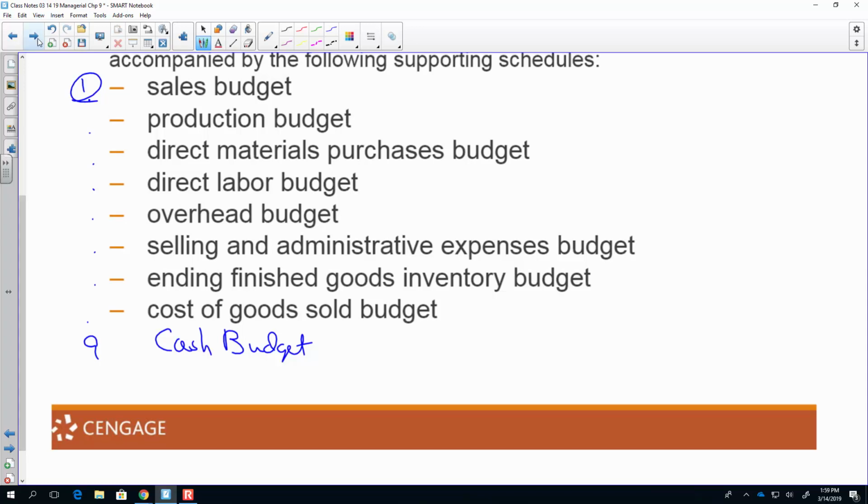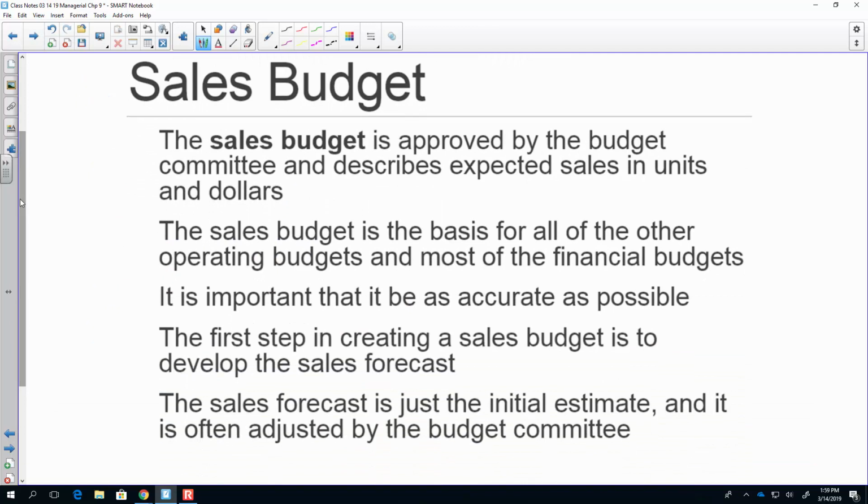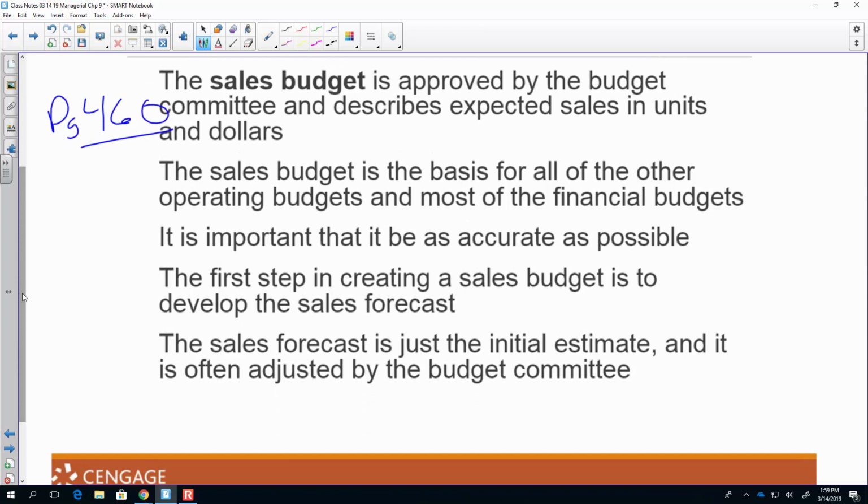Number 1, sales budget. Really easy budget, guys. The example is example 1 for a sales budget on page 460. Even though it's simple in nature, because all you're doing is taking the units sold times the selling price, that's all it is.